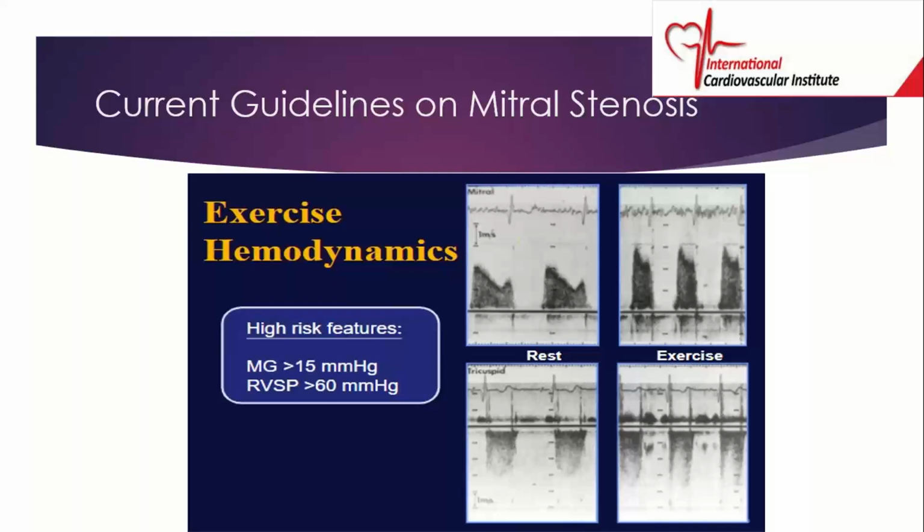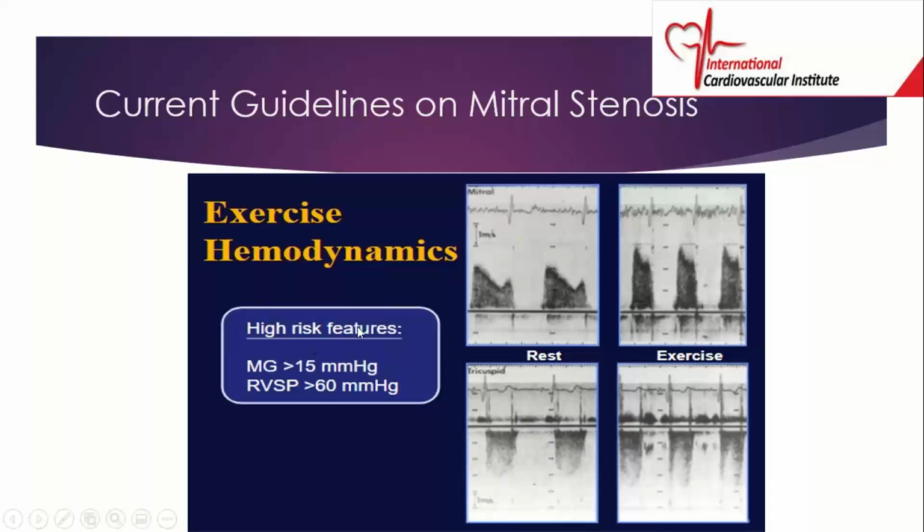You're going to get numbers that don't look too bad. So you might get a mean gradient looking like this. Of course, you're going to trace it to get the mean gradient, and then this is the TR jet, and you trace to get a pressure.